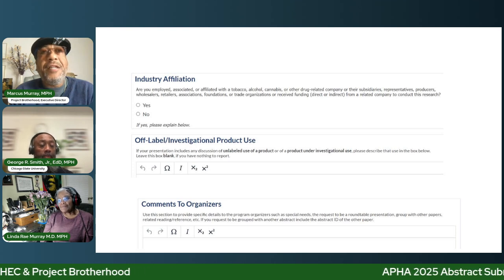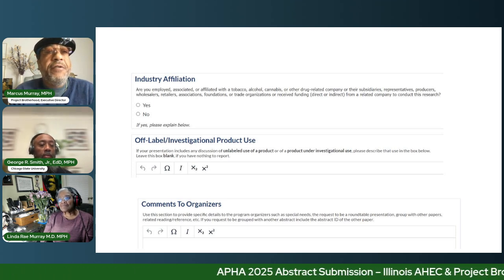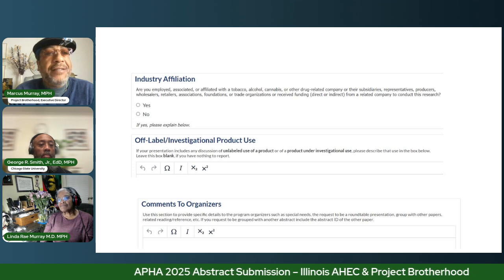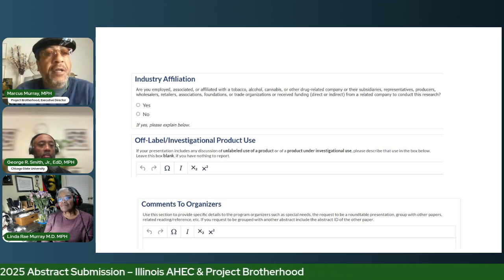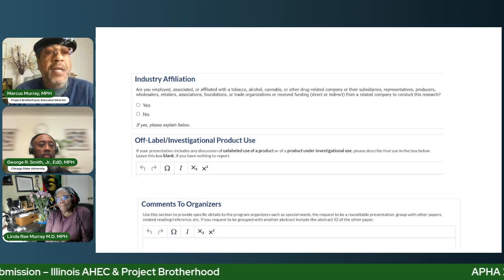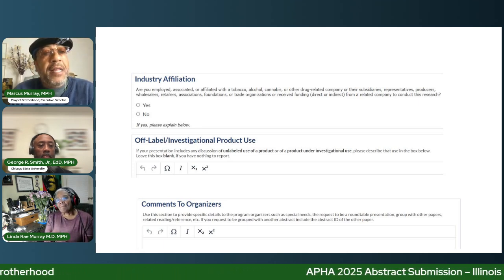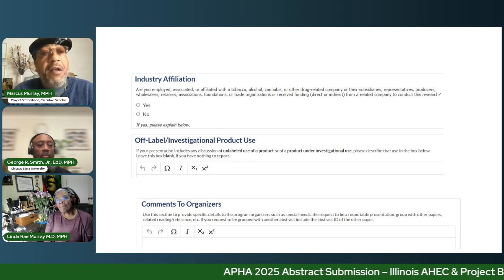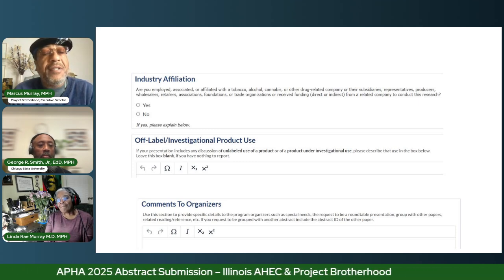And just to answer your question, Dr. Murray, Project Brotherhood was in a very unique position because we might have had several projects, several grants going at the same time with different universities around different topics. So we might be dealing with one university on colorectal cancer, another university on lung cancer. When we submit those abstracts, they're going on simultaneously, concurrently.